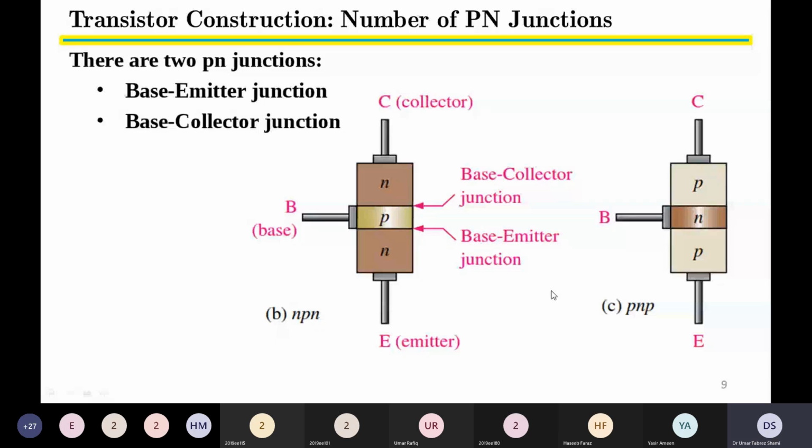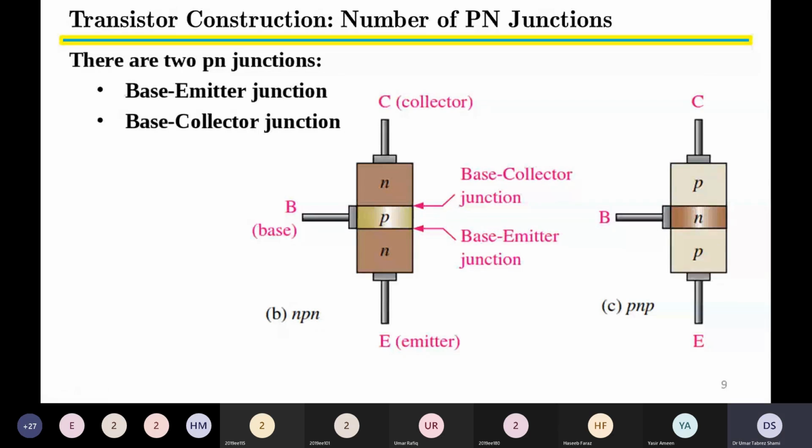And if you look at the PNP case, here we have the PNP transistor, the collector terminal, the base terminal, and the emitter terminal. The first P-type material combining with the middle N-type material has the collector base junction, and the N-type material in the middle with the second P-type material has the base emitter junction.